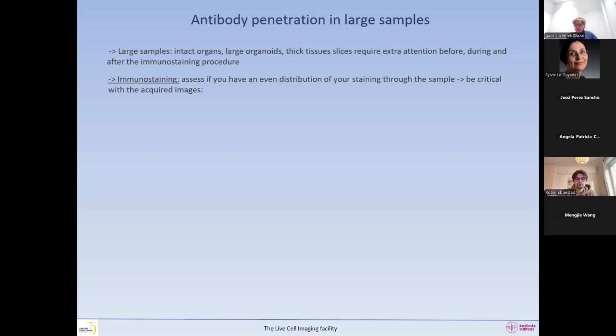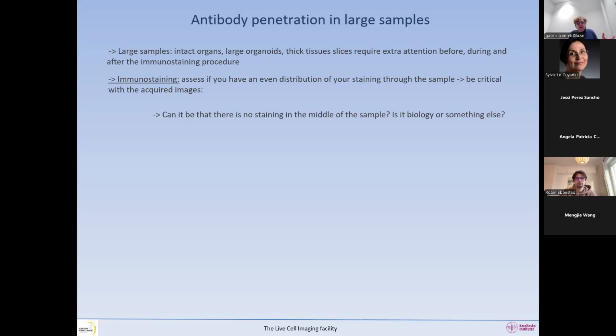Then when you acquire images, pay attention and ask yourself: I don't see anything. I went through my sample in the middle, I didn't really see any staining. Well, ask yourself, can it be biology or something else? Is it something that you expect will happen with your sample? Maybe there are only certain cells in the outer part of your organoid.